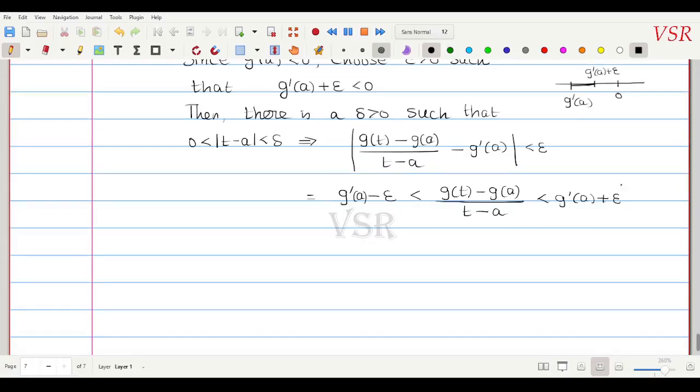And this is less than 0. அப்போ this implies that this guy is negative. That is g of t minus g of a divided by t minus a which is negative, for all எப்பெல்லாம் இந்த கண்டிஷன் சாட்டிஸ்ஃபை பண்ணிக்கலாம் 0 ல இருந்து டெல்டாக்கு இடையில, that is modulus of t minus a which is less than delta ஆக இருந்தால் then this condition must hold.